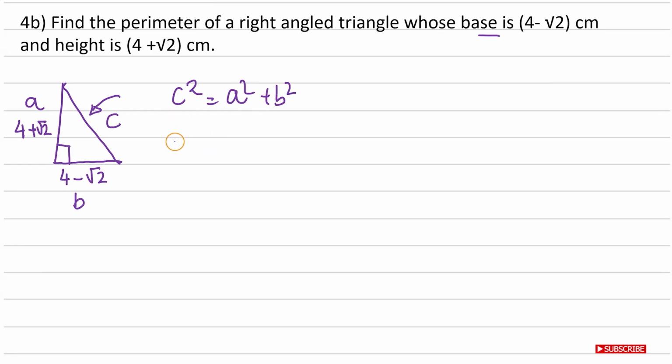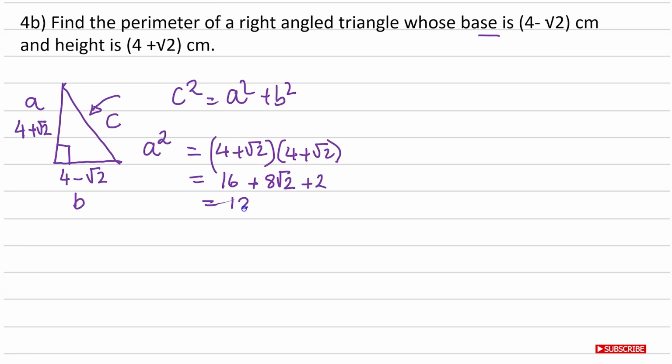Let's do this one at a time, because we have the surds here, the square root of 2. I'm going to do a squared on its own. So a squared is going to be equal to 4 plus root 2 multiplied by 4 plus square root of 2. If you multiply this out, you will get 4 times 4, 16, and then you will get 8 root 2, and then you get 2, which will give you 18 plus 8 root 2.